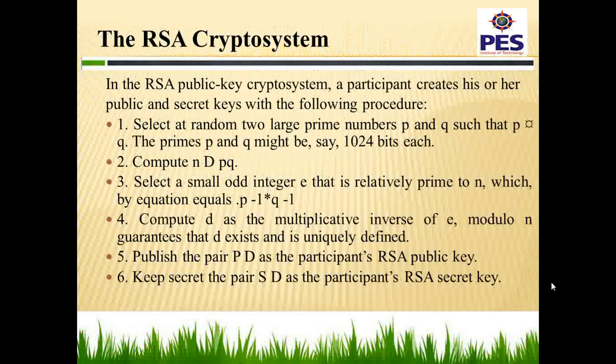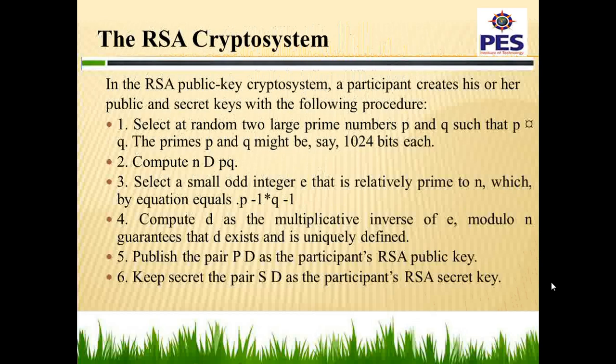Select a small odd integer e that is relatively prime to phi of n, which equals P minus 1 times Q minus 1. Compute D as the decryption key, the multiplicative inverse of e modulo phi. This guarantees that D exists and is unique.